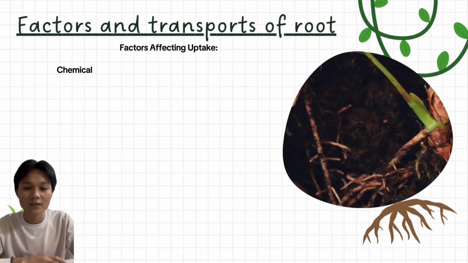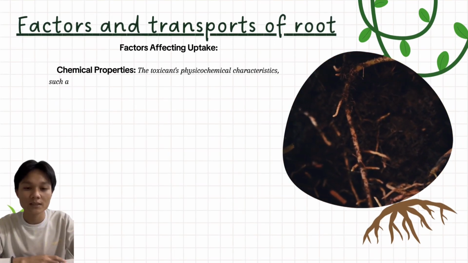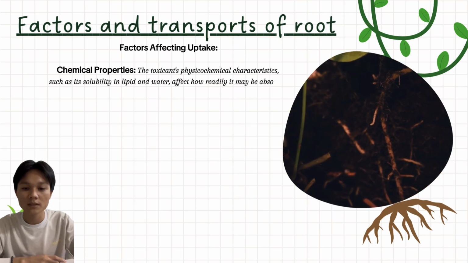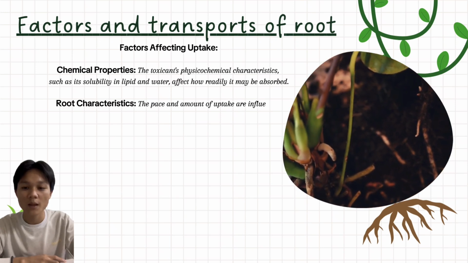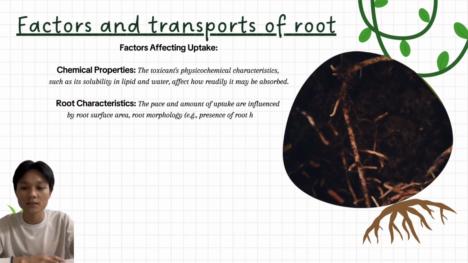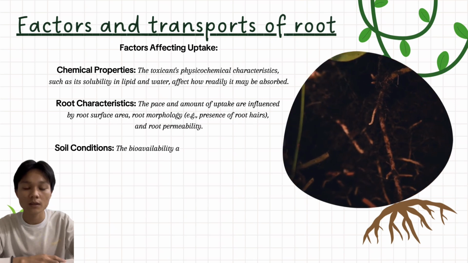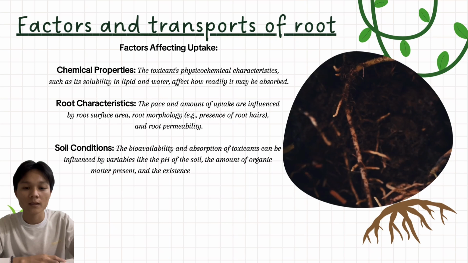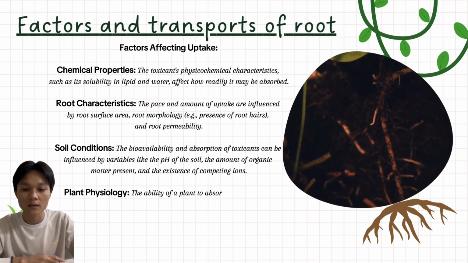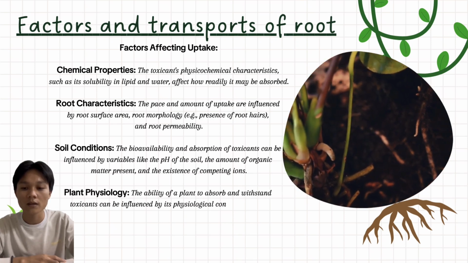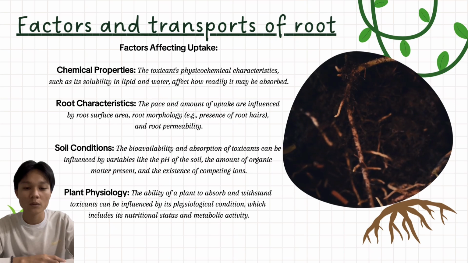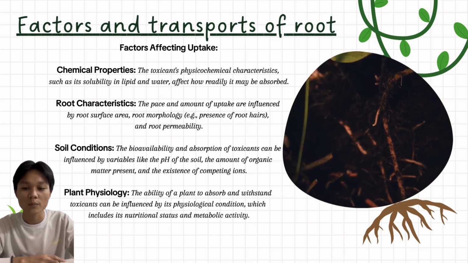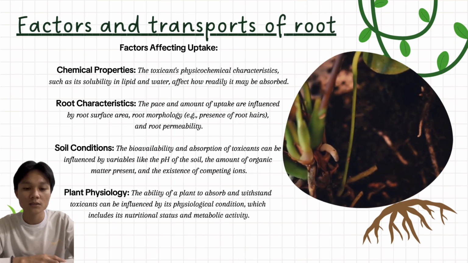Next, factors affecting uptake. First is chemical properties. The toxicant's physicochemical characteristics, such as its solubility in lipid and water, affect how readily it may be absorbed. Second is root characteristic. The pace and amount of uptake are influenced by root surface area, root morphology, and root permeability. Third is soil conditions.